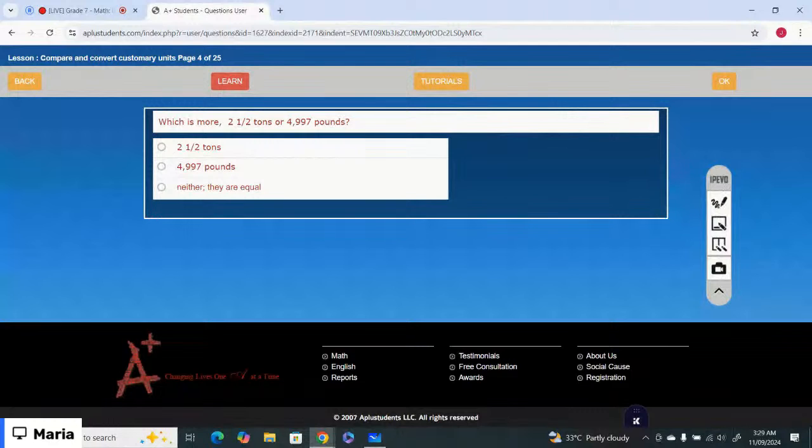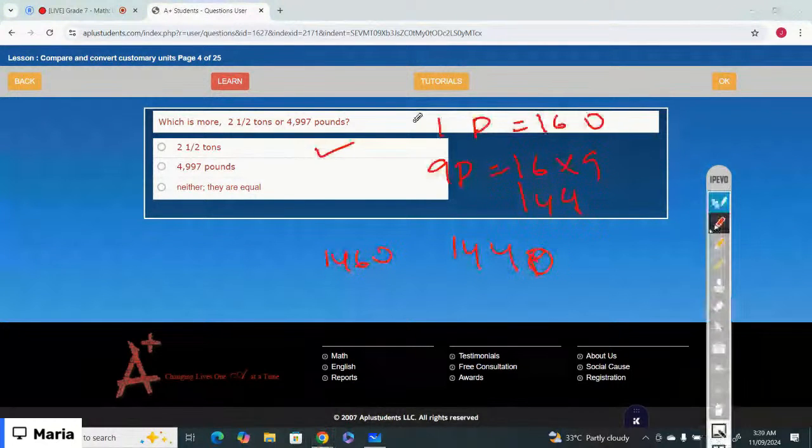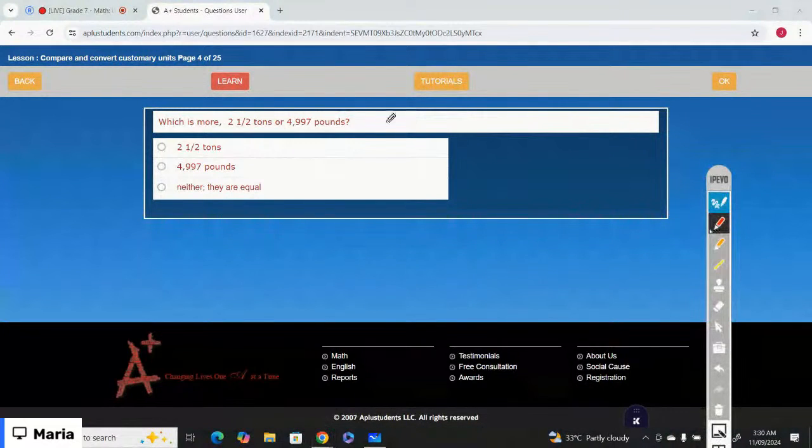I think that's 2 whole 1 by 2. 2 whole 1 by 2, that is 2.5, sorry, 2.5 tons.